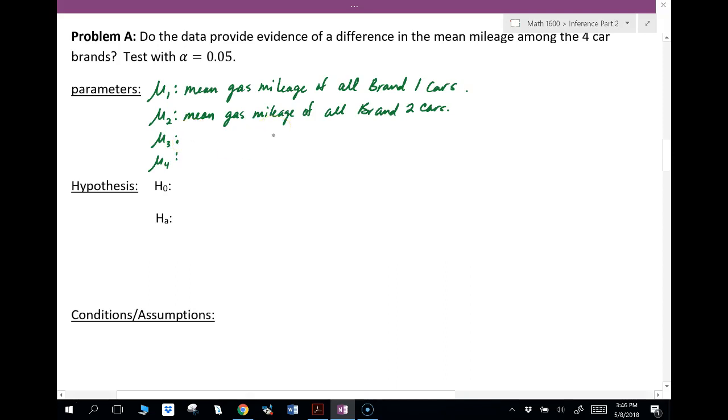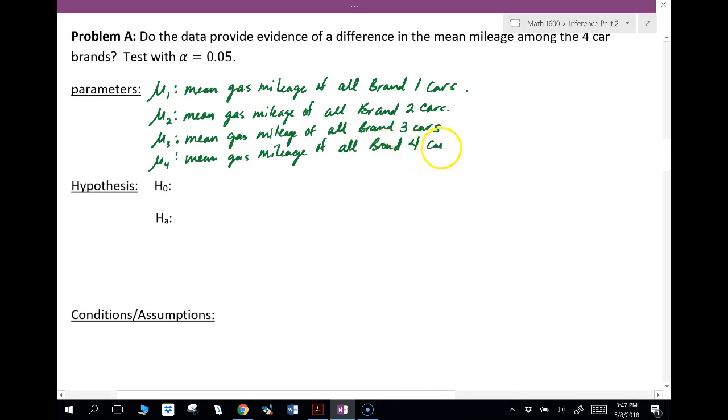And then just write in the other 2. Perfect.